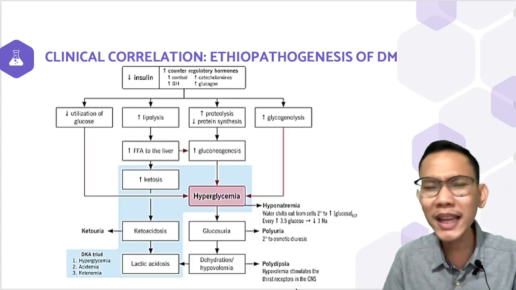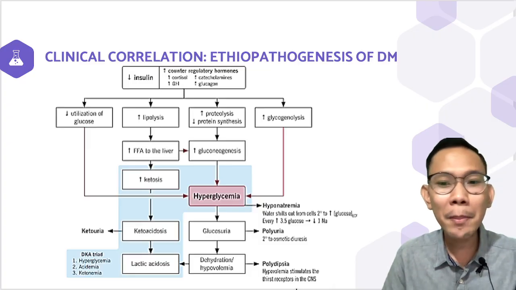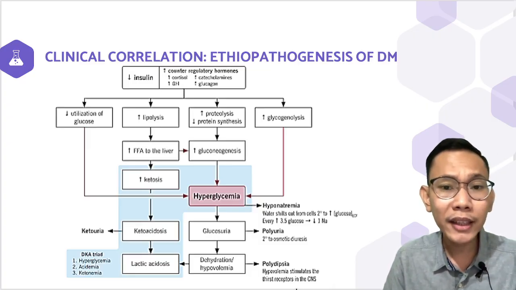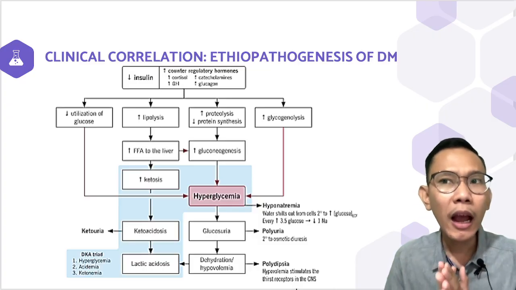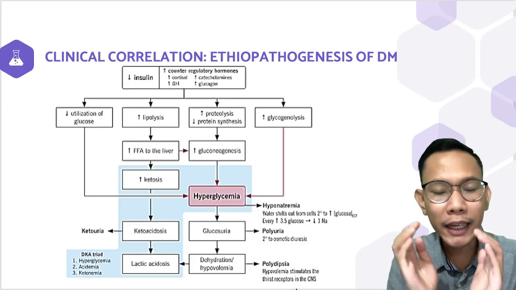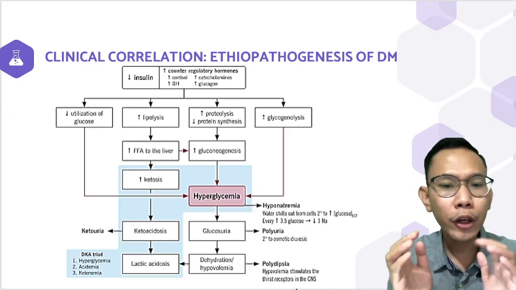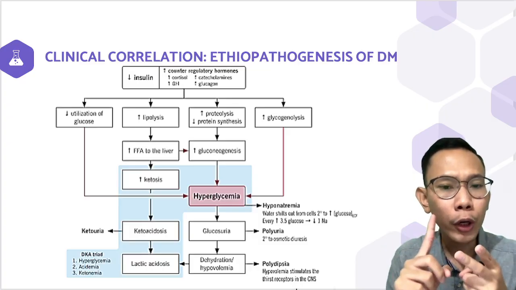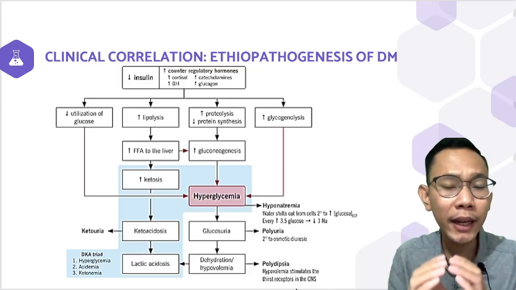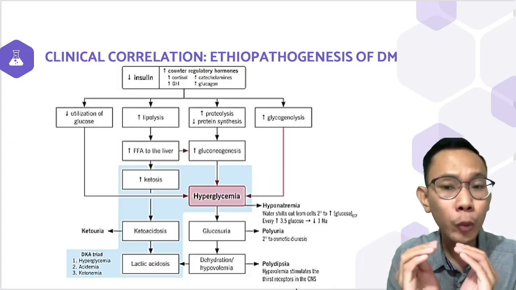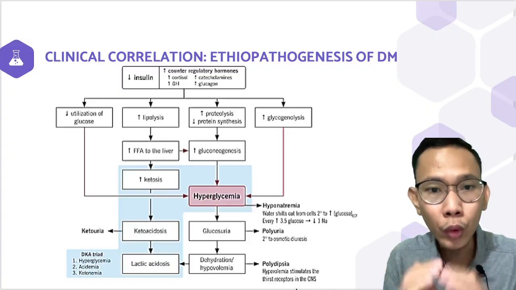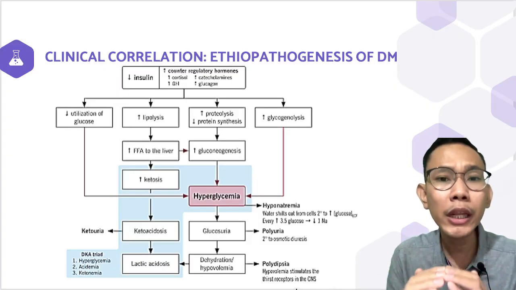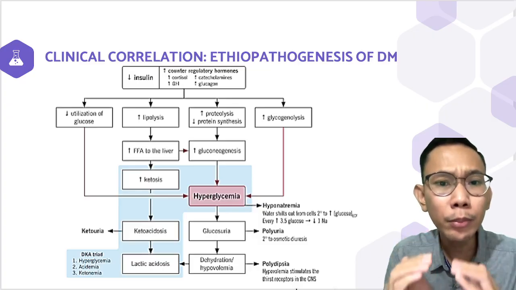Now, the question, Doc, saan naman ang polyphagia? Remember, ang patient natin, ang cells, di ba? Nakikita natin, kahit it's either mababang insulin or may insulin resistance ka, anong nangyayari? Yung cell natin hindi tumatanggap ng glucose. So somehow, it will stimulate our body that it will need more food.